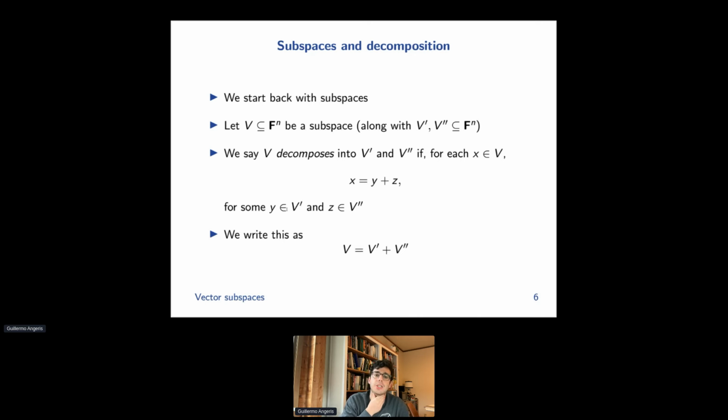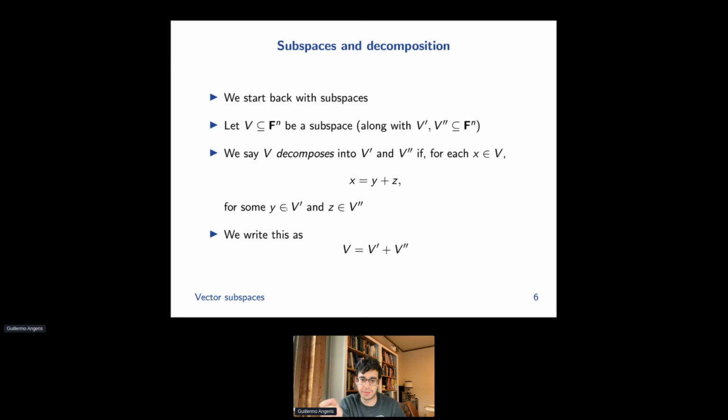Okay, so we're going to have three subspaces here. One of them is going to be V, and then V prime, and then V prime prime. And they're all subspaces of n-dimensional vectors. And we're going to say that V decomposes into the two vector subspaces if for every vector x that lies in this vector subspace, that vector actually equals the sum of two vectors, one of which is in V prime and one of which is in V prime prime.